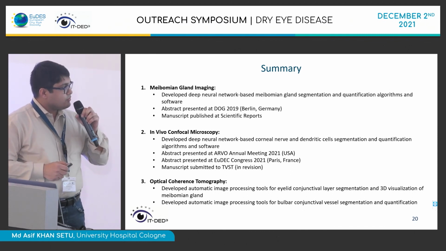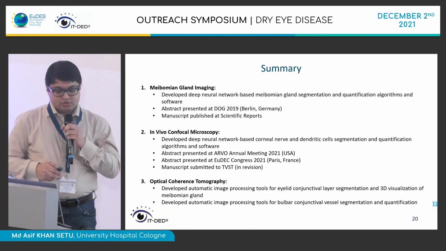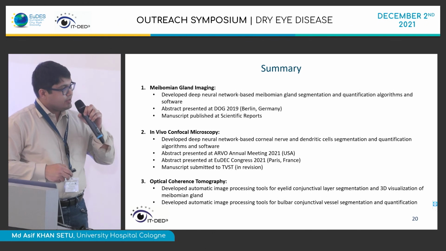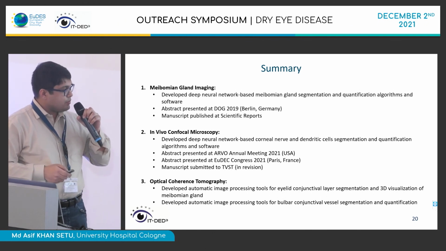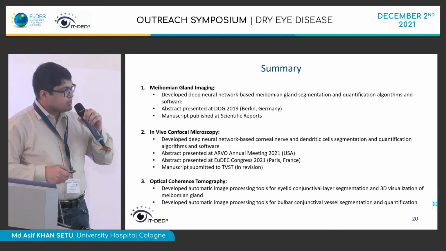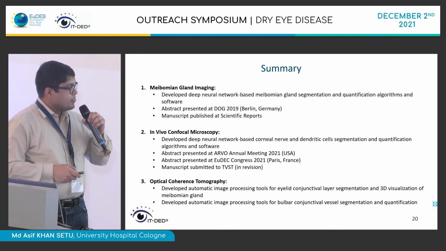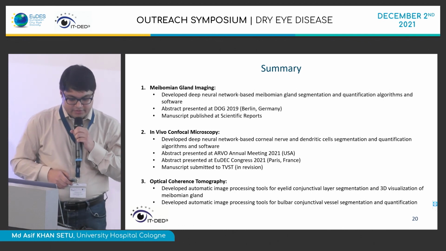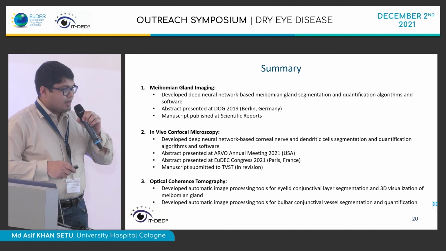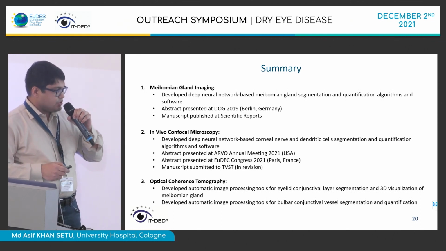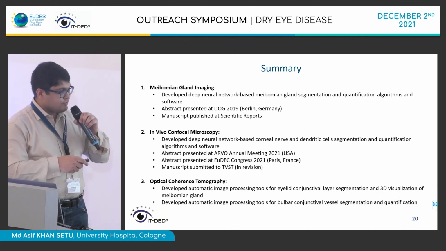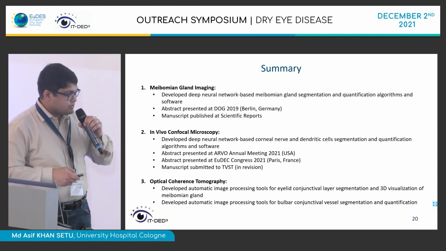For in vivo confocal microscopy, we have developed two artificial intelligence networks for detecting corneal nerves and dendritic cells and further quantification, and we have presented our results at ARVO and EuDES, and our manuscript is under revision in TVST. For optical coherence tomography, we have developed two preliminary software tools for processing the eyelid conjunctival layer and 3D visualization of the Meibomian gland, and also software for conjunctival blood vessel segmentation and quantification.